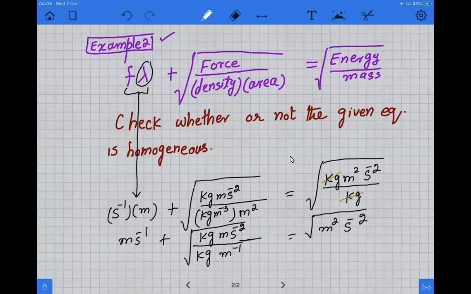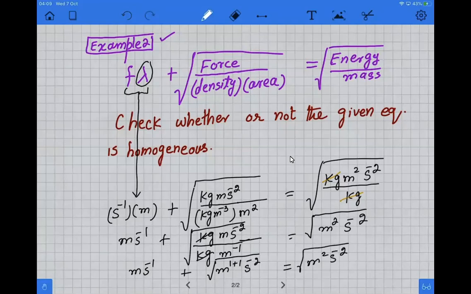Now on the left hand side, kilogram is cancelled out. It would be meter second minus 1 plus it would be meter power 1 plus 1 second power minus 2 under root and meter square second minus 2 under root.